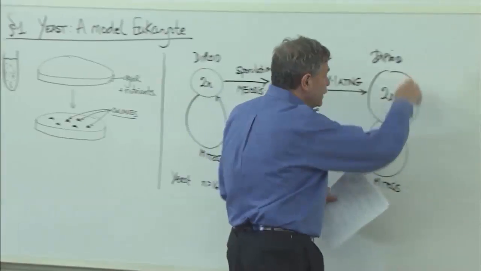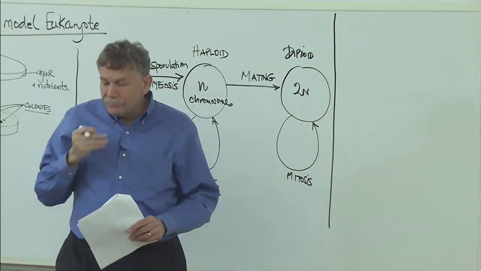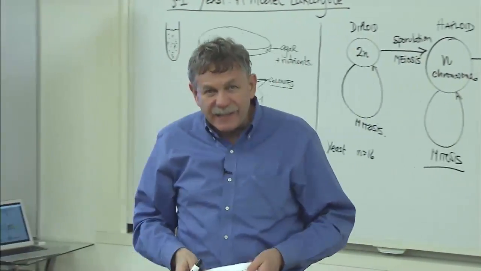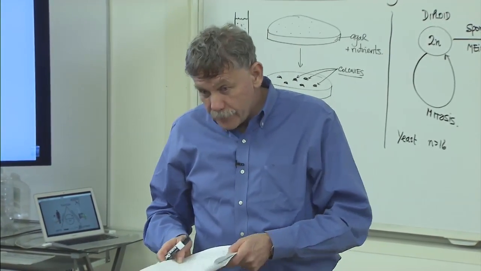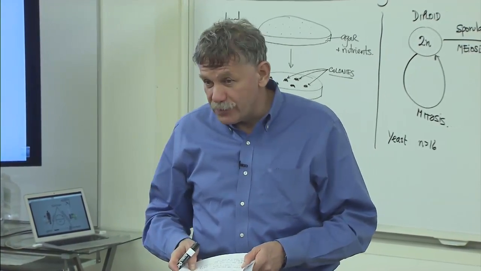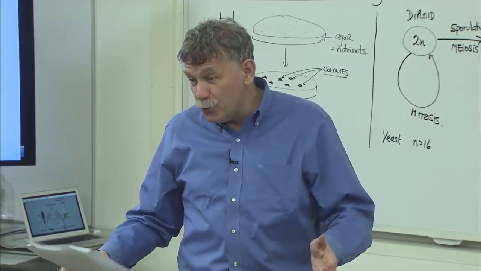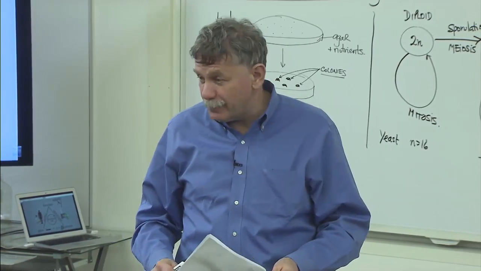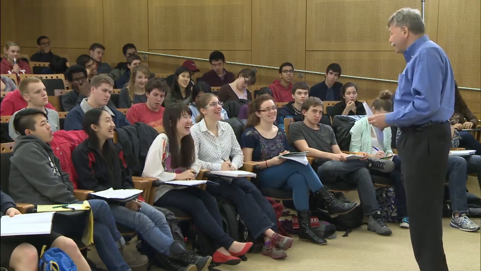Yeast also is accommodating in one other way. Yeast is stunningly self-sufficient. You, students, require all sorts of care and feeding, right? You got to feed you food of all sorts of elaborate types, right? Actually, in this class, we're feeding you pretty well, I think.